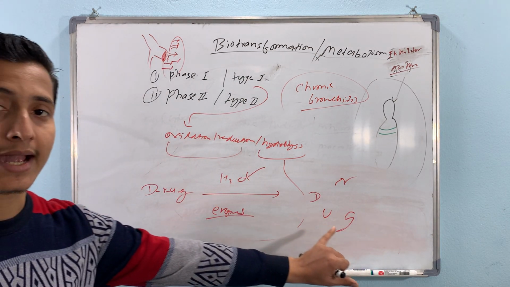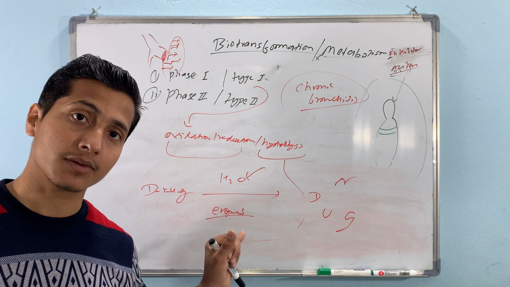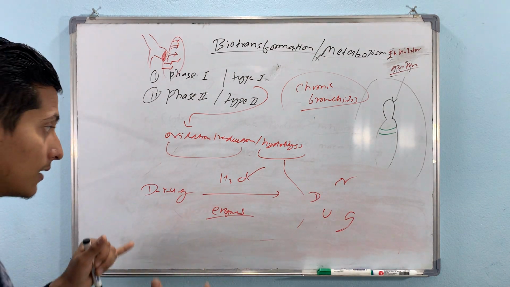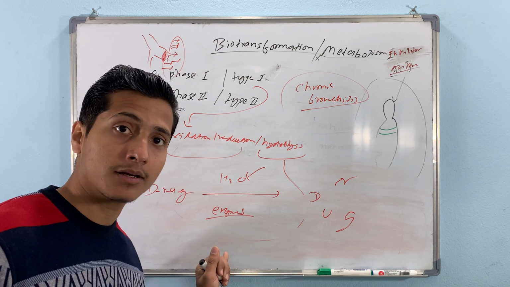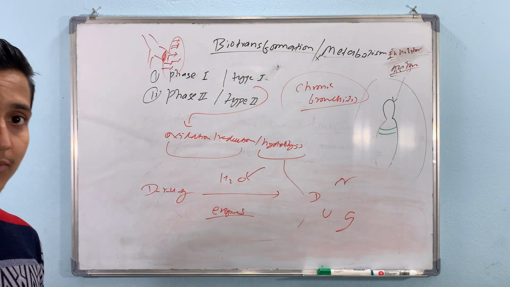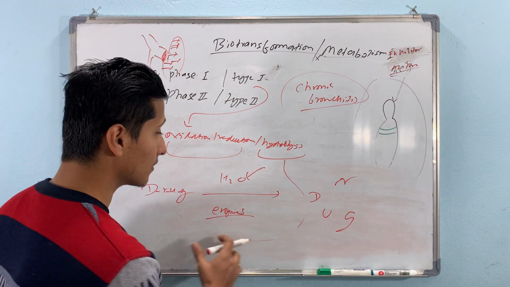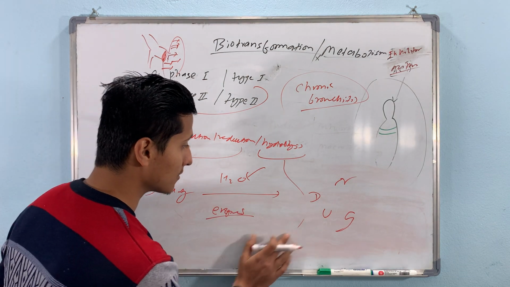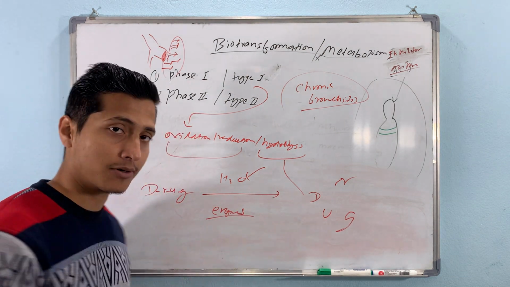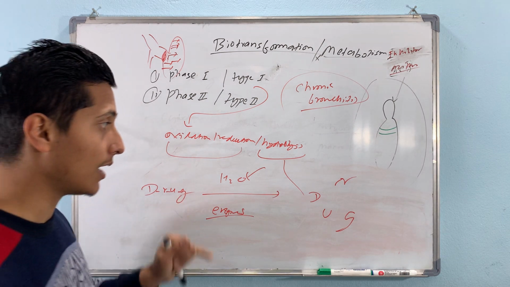So this reaction is called hydrolysis. Hydrolysis is basically breaking a bigger drug molecule into a simpler form by adding a water molecule in the presence of an enzyme. I think you got it now.